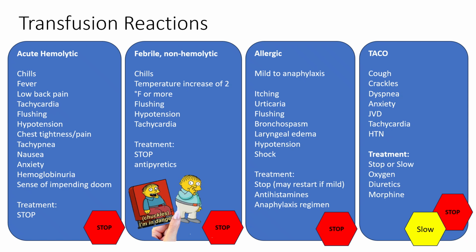TACO is just transfusion associated circulatory overload. So you may have to stop the blood, or in many cases, you just need to slow down the transfusion. And this is often seen with your packed red blood cells. That's why we try to give them pretty slow unless their condition warrants it.